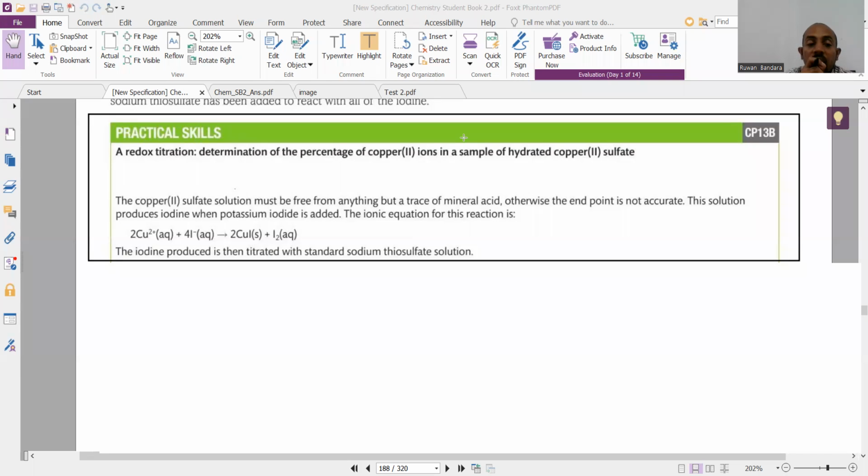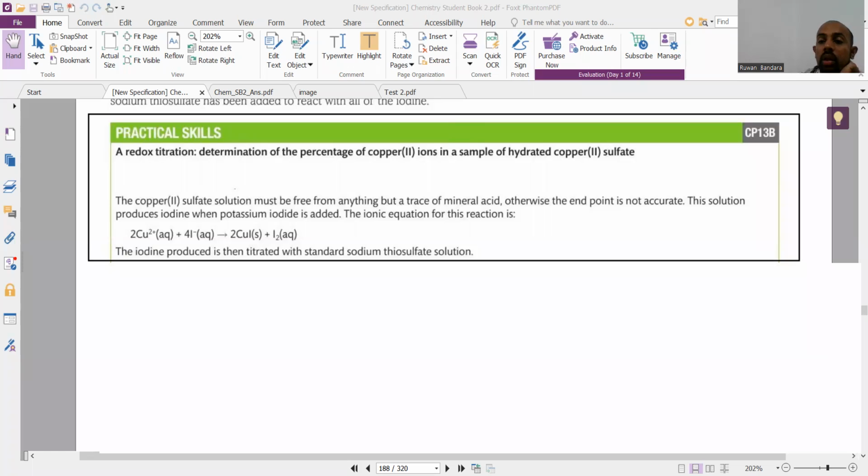So when you add I minus, iodide ion, to copper 2 plus, it produces copper 1 iodide and iodine. This produced iodine can then be titrated with thiosulphate.